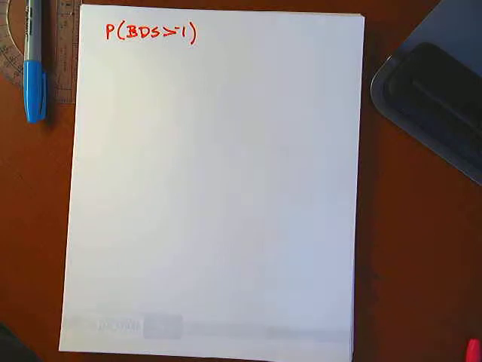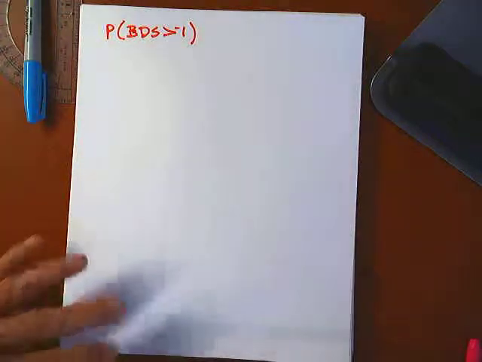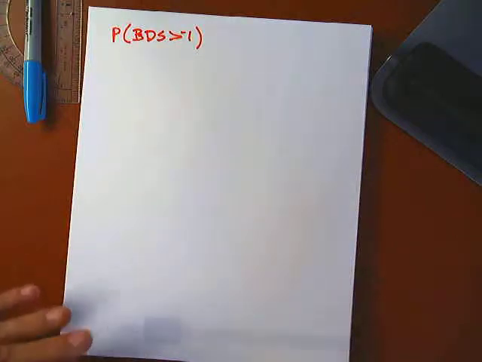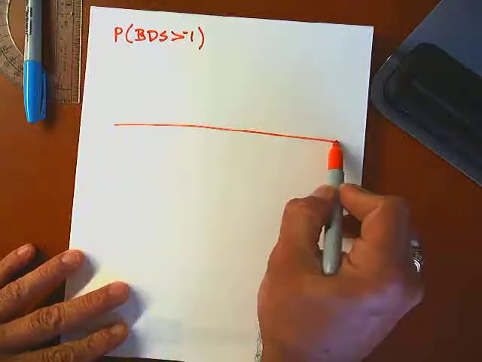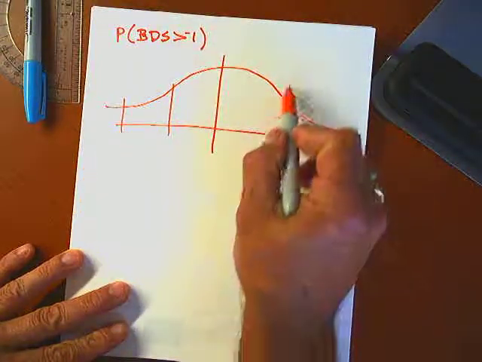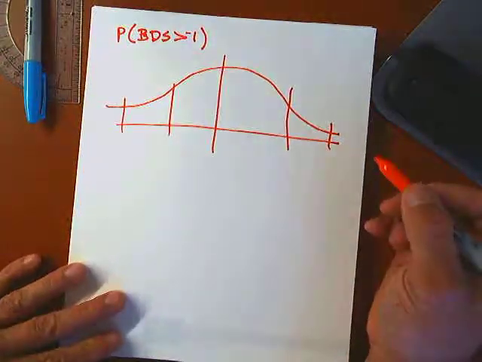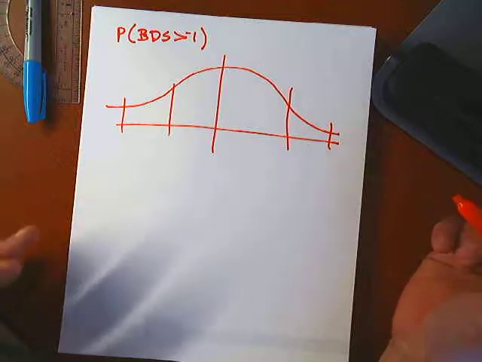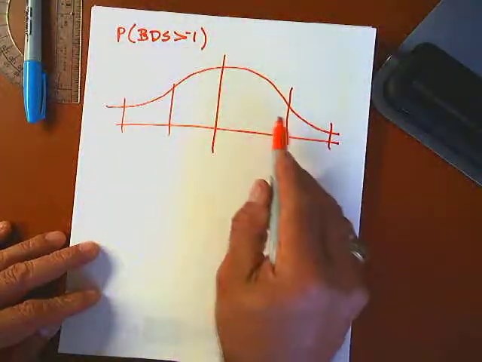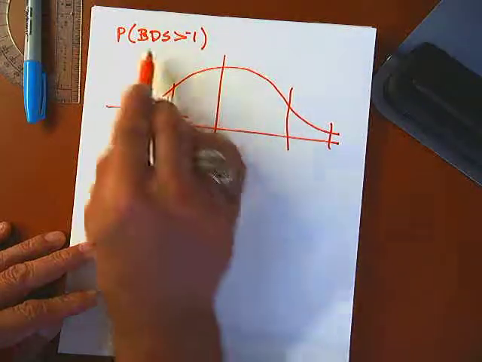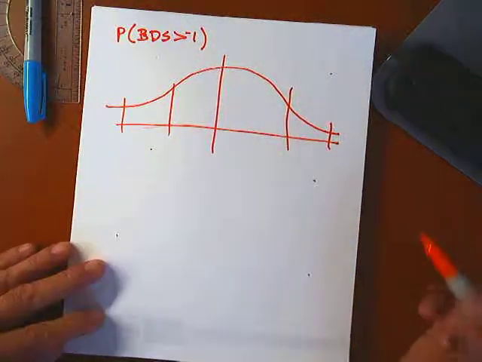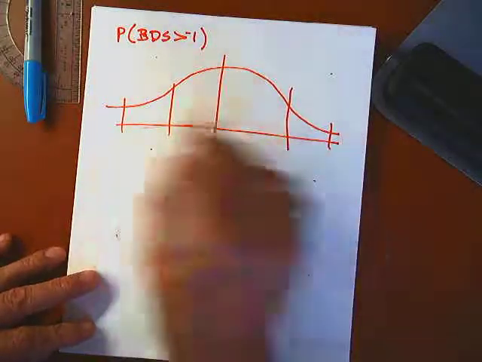Like for instance, they say, find a bone density. What is the probability of finding a bone density score above -1? All right, they want to know what is the probability of finding a -1 or more bone density score.